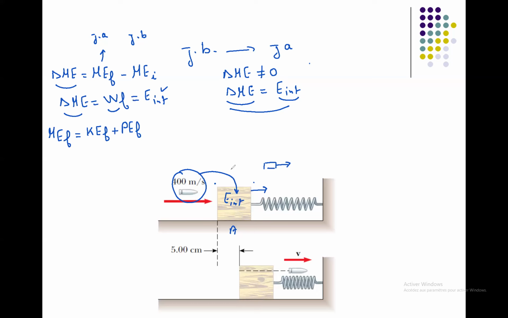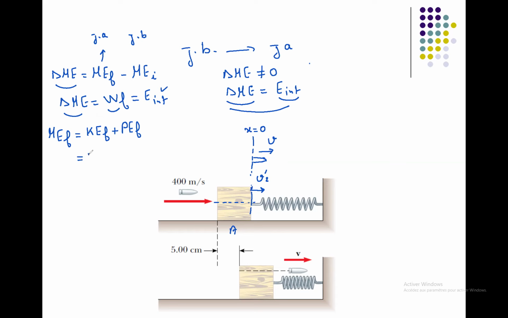And as the final state, at this point, we have the velocity v prime 2, and we have the bullet with a velocity equals to v, and the spring is at the position x equals to 0. So we don't have elastic potential, and also we don't have a gravitational potential. We have only kinetic energy just after the collision.